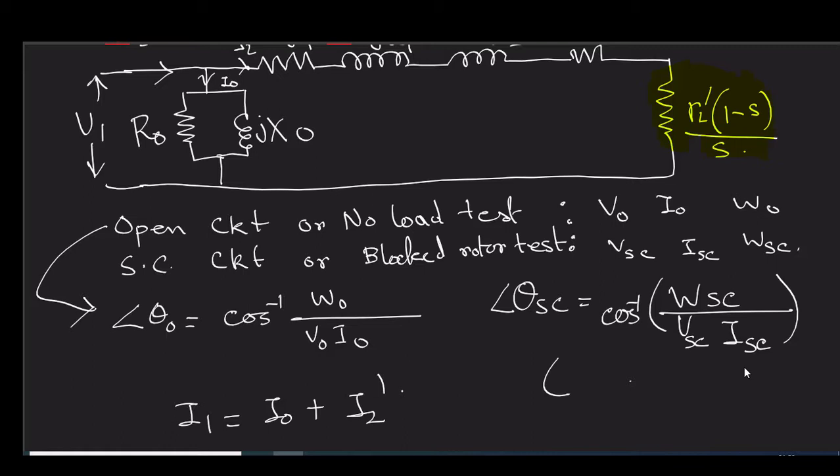That may give you the impression that ISC is 125% of full load current, but here we are considering ISC equal to just 100% of the full load current, right? So with that you can figure out this angle, theta SC.